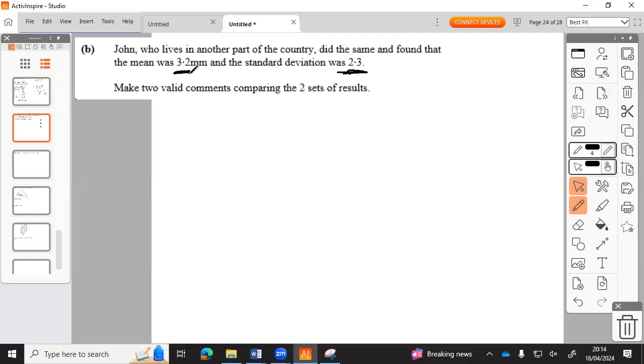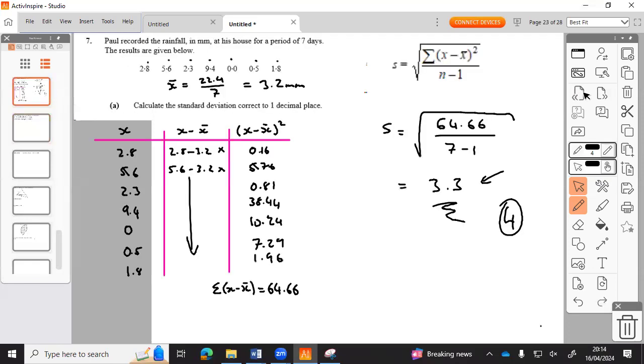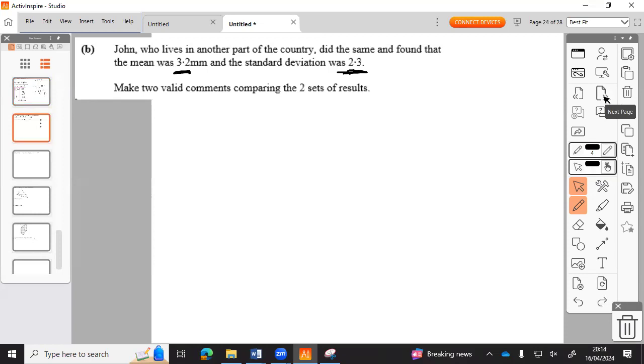The second thing we need to compare is the mean of 3.2 and the mean of 3.2. So the mean values are the same. So on average, the rainfall is the same. The average is the mean. What are the differences in regards to the mean?